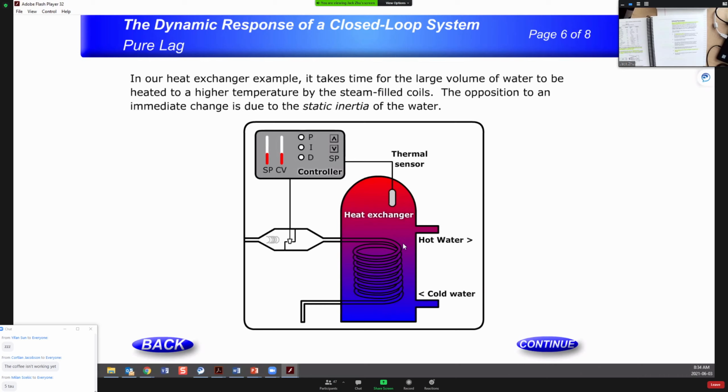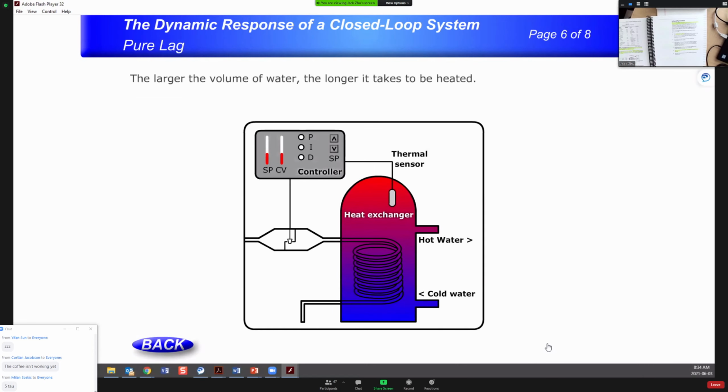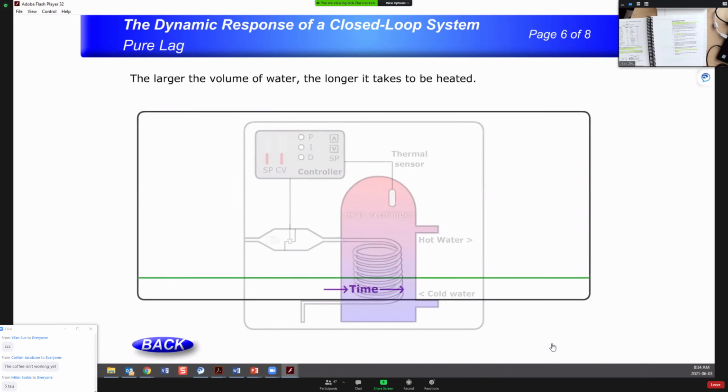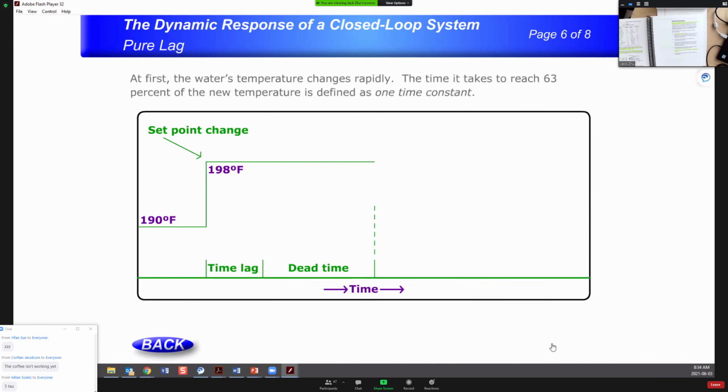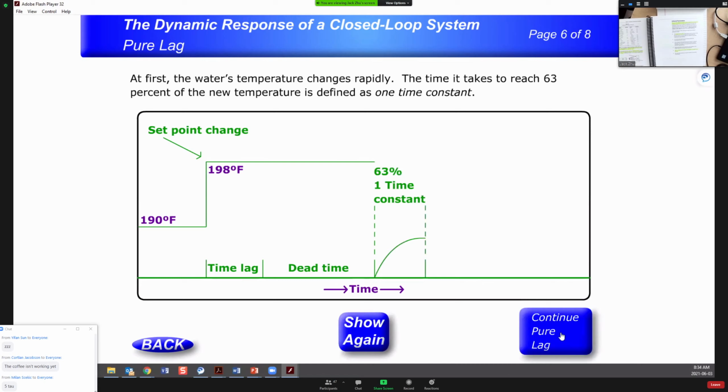You need to have the energy exchange between the steam heating coil and the water. Then it takes time to heat the water, right? The more water in the tank, the longer it takes. So now the water temperature starts to change.